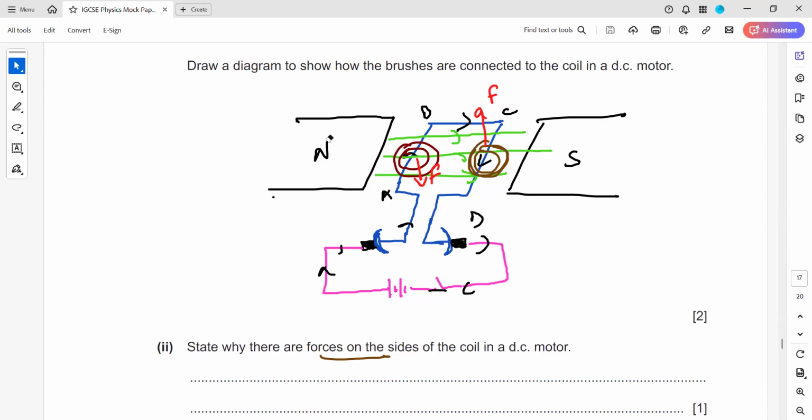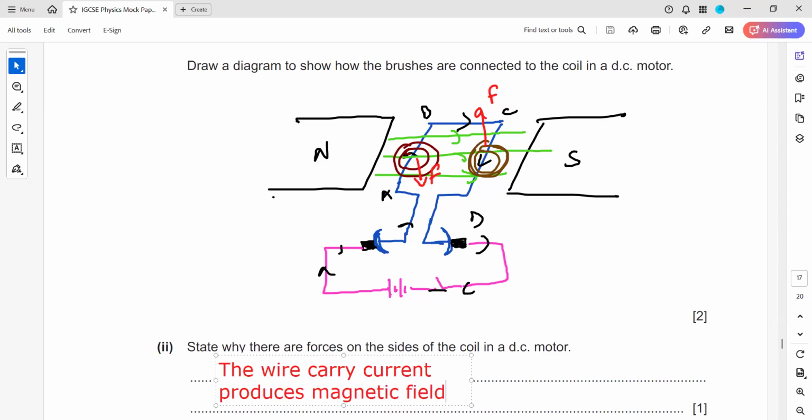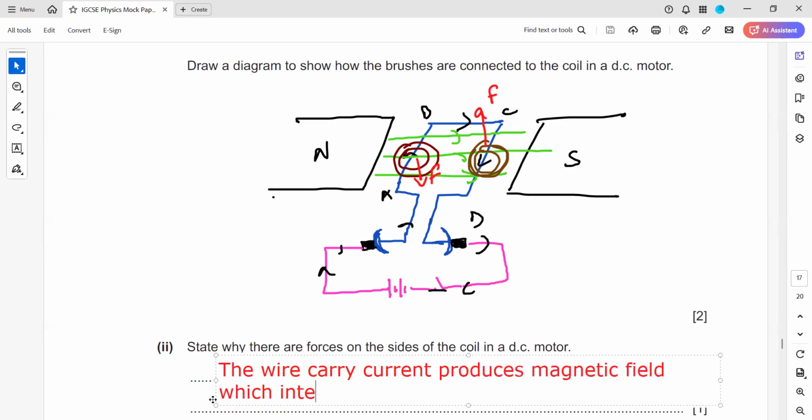The wire carrying the current is of only one mark. So: the wire carrying the current produces a magnetic field which interacts with the magnetic field of the magnet and experiences a force.